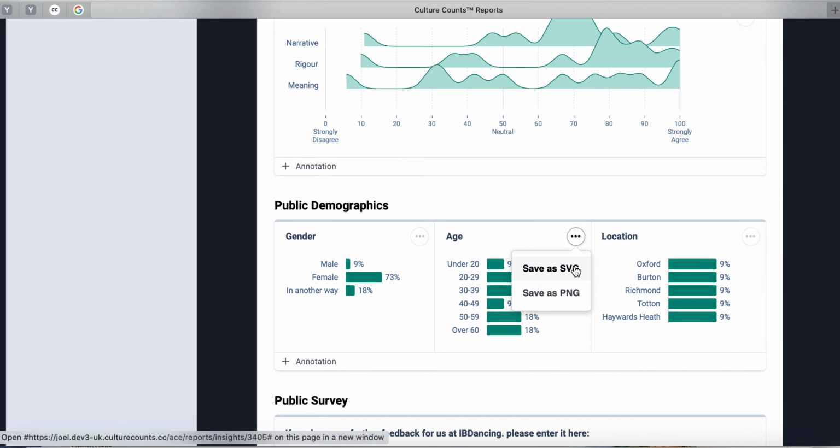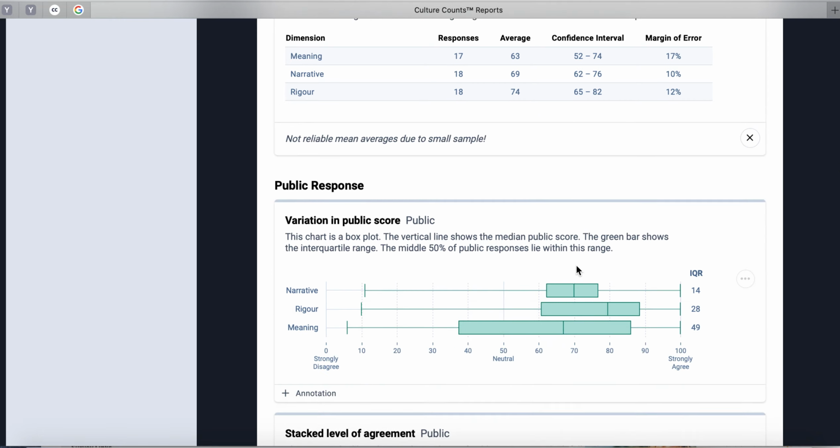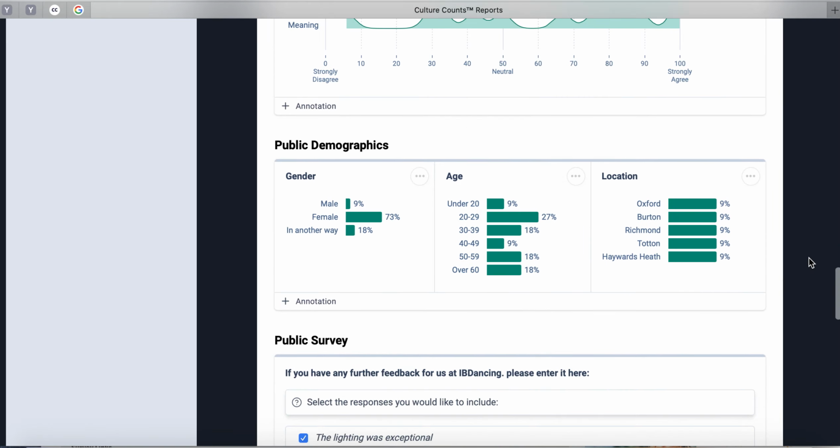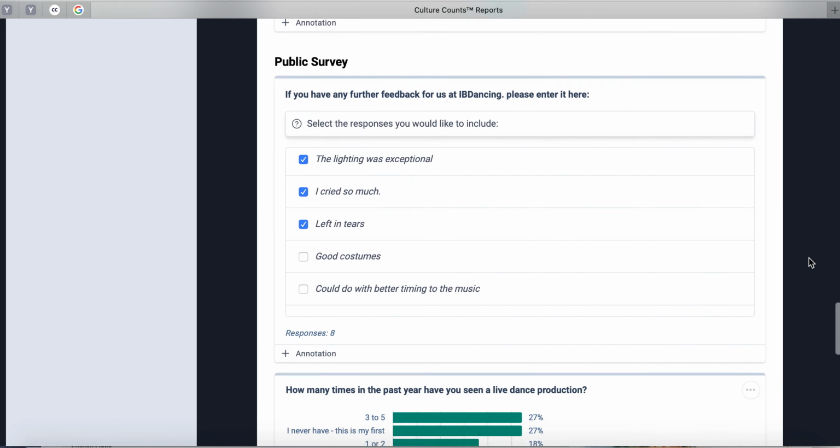Of course, it all depends on what it is you are demonstrating via your presentation. But it would definitely be worth exploring this and remembering that you can download the graphs individually, so you can pop them wherever you like. It's important for you to remember that this is your data, so you can obviously save it, you can do with it as you wish.